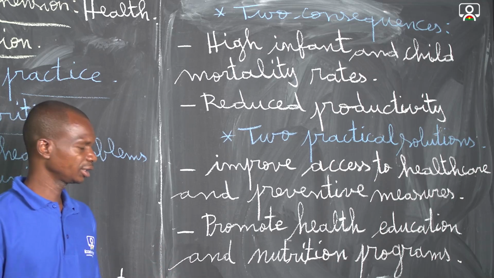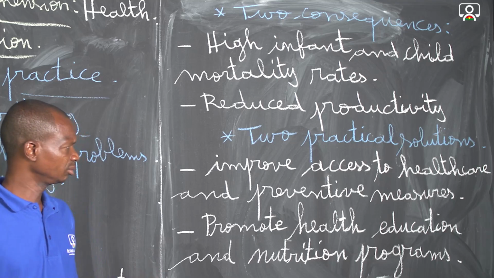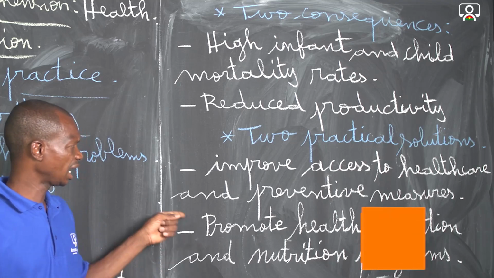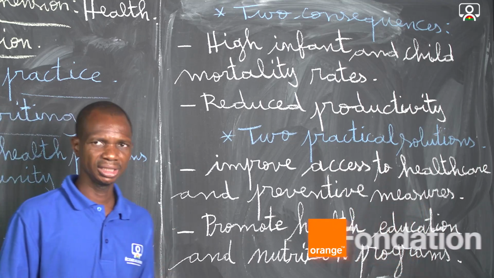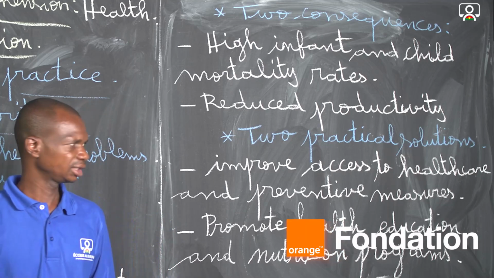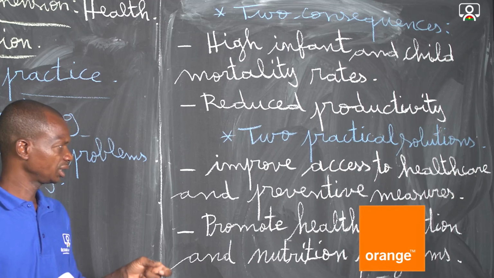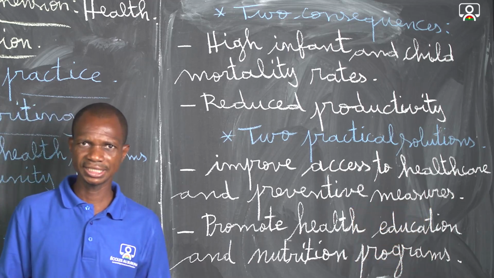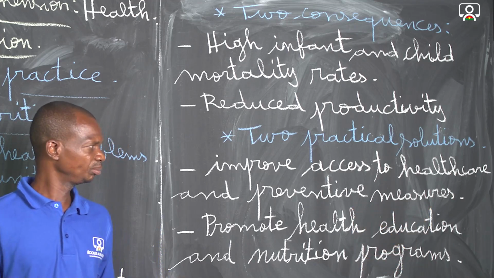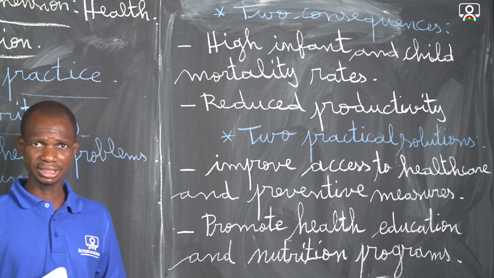We can propose that the government build many public hospitals or health centers for the people, because many people don't have access to public health centers, and that is the problem.